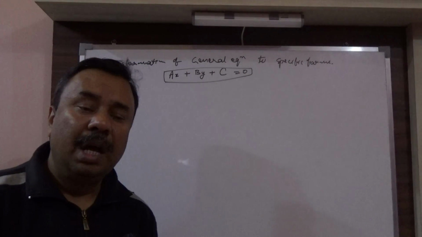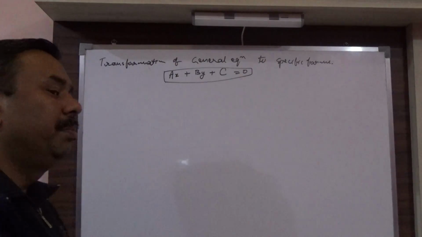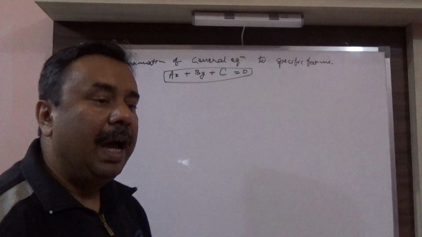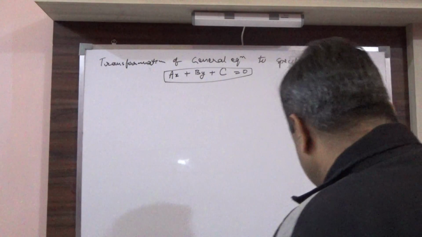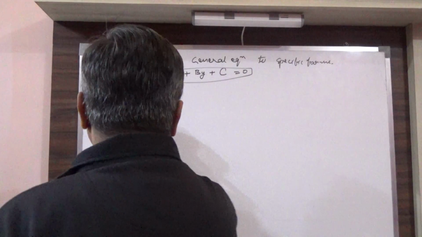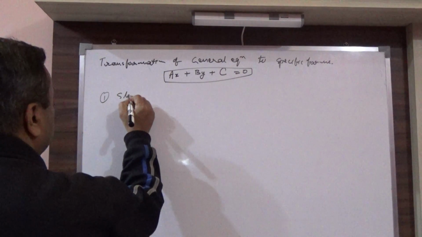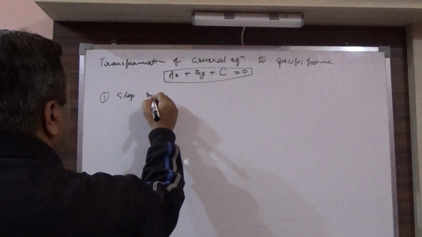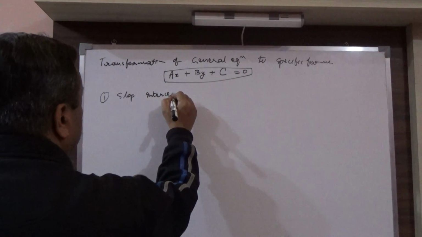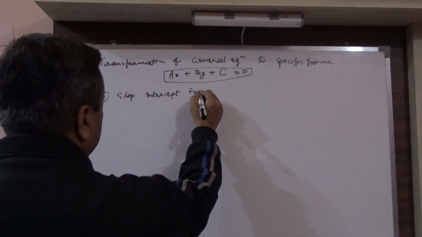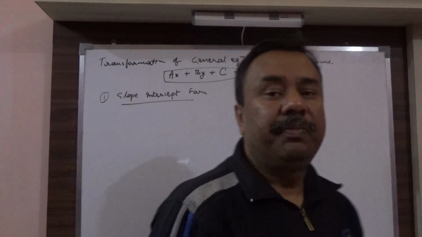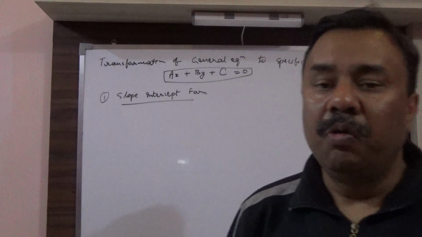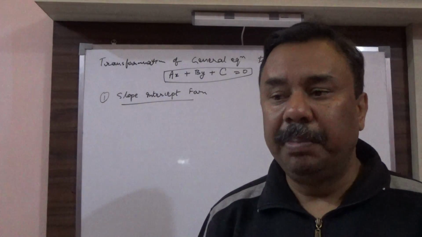Now you will see how I transform it to different forms, and then how I get the information that is needed. So the first form I will do is the slope intercept form. Just remember the slope intercept form. What was it? It was y equal to mx plus c.